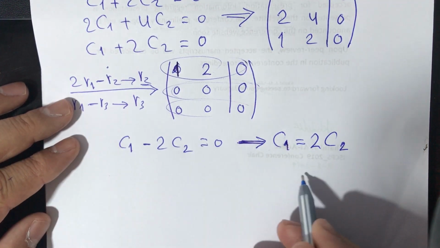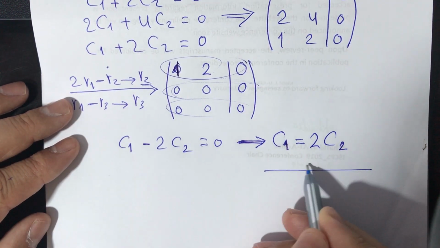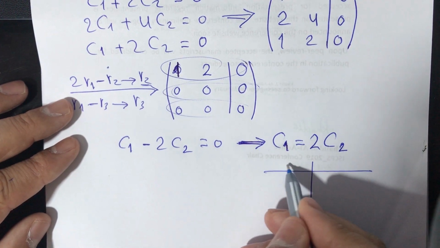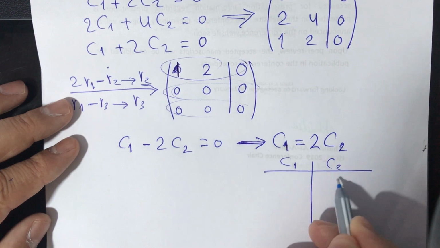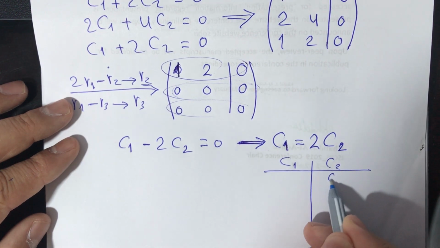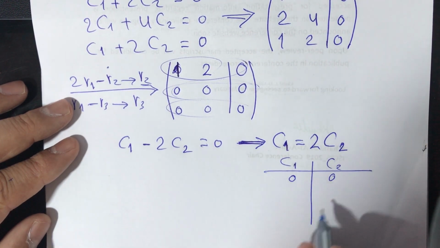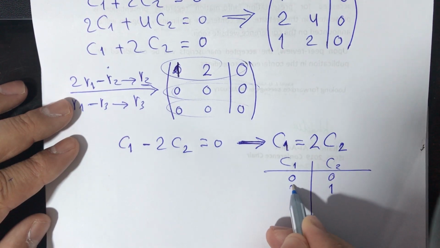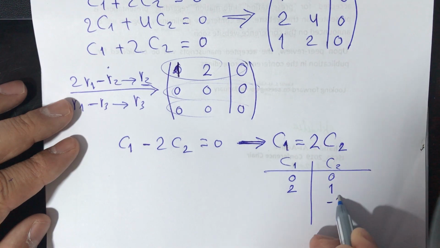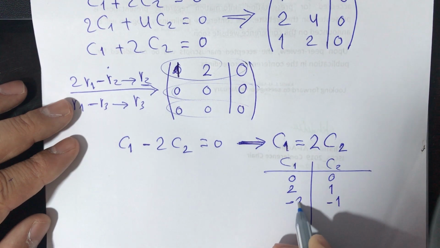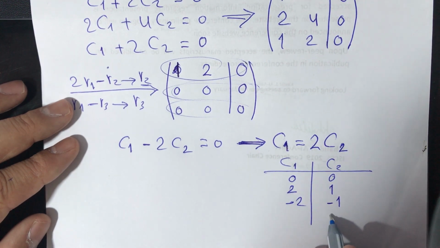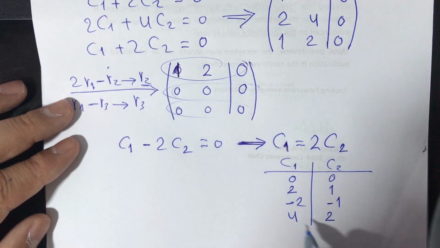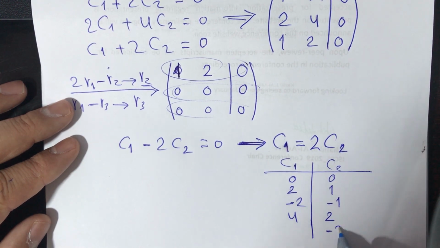Now make this a truth table. This is C1, this is C2. If C2 is 0, C1 is 0. And if C2 is 1, this will be 2. If this is minus 1, this will be minus 2. If this is 2, this will be 4. This minus 2, this will be minus 4, and so on.